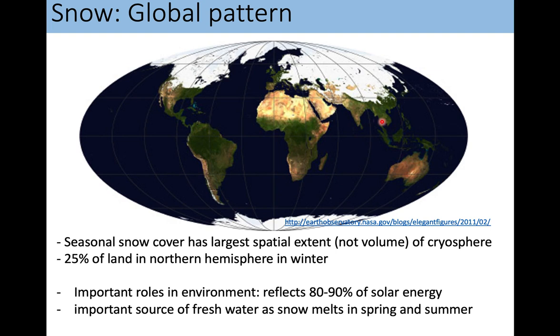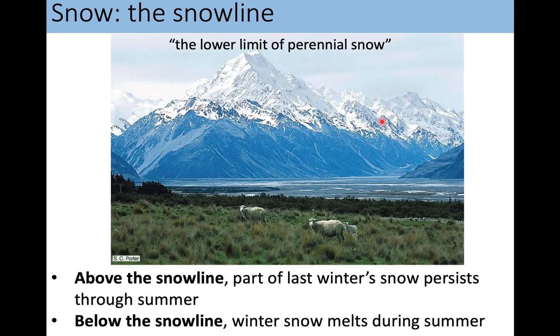As it melts all throughout the spring and the summer, it feeds a lot of streams with fresh water, which are used both by us and by many ecosystems that depend on this source of water in the dry season, being the spring and the summer.